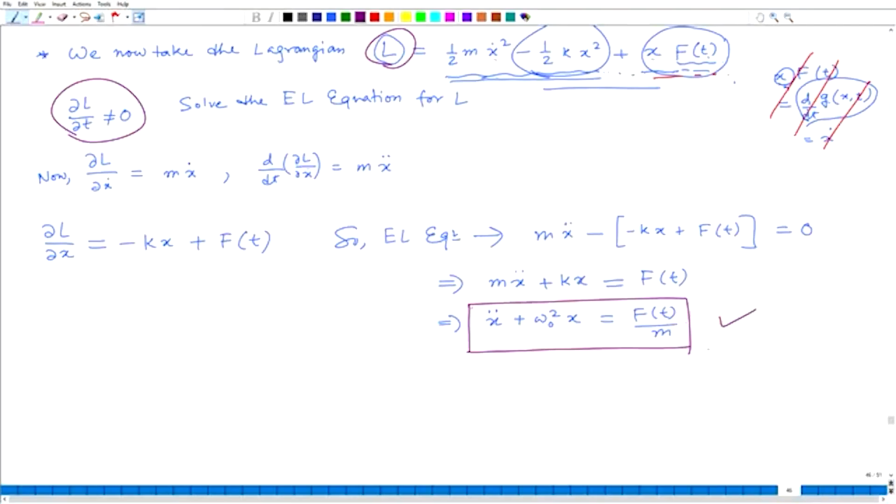So, energy is not conserved. Okay. So, you see that again a Lagrangian which is not in the form of t minus v can give you a forced harmonic oscillator.